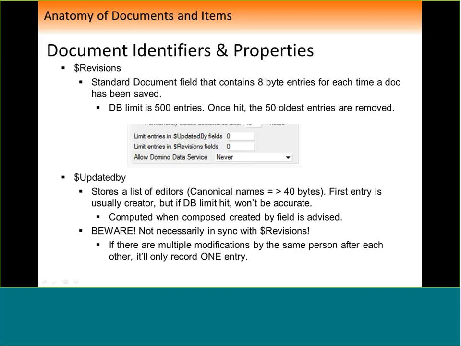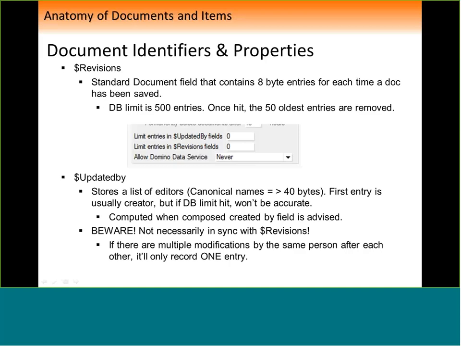Now, the $updated by item is in some ways similar, in some ways a little bit different from the $revisions. The $updated by item is going to contain the canonical names, about 40 bytes for each user who saved the document. The first entry in this item is going to be the creator of the document, but again, there is a way to limit this for the database, and when you hit that limit, the oldest entry is going to be removed.